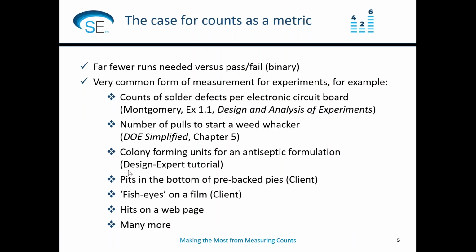So to begin with, let me talk about the case for counts as a metric. First of all, you're always, as a quality engineer or somebody working on manufacturing improvement or any type of experiment, going to do a lot better by counting things rather than just doing pass-fail.